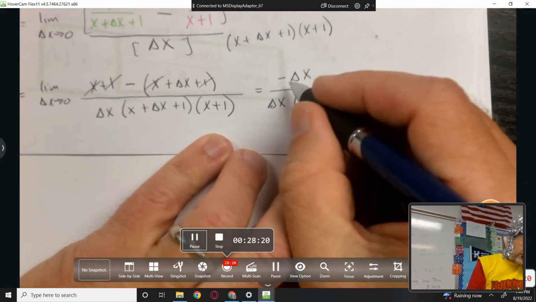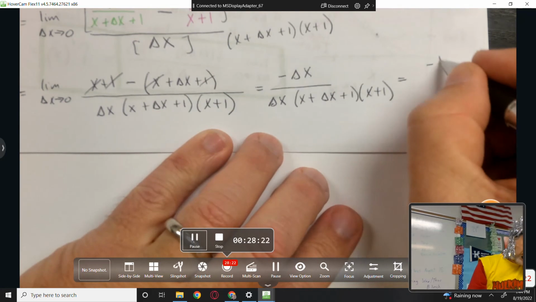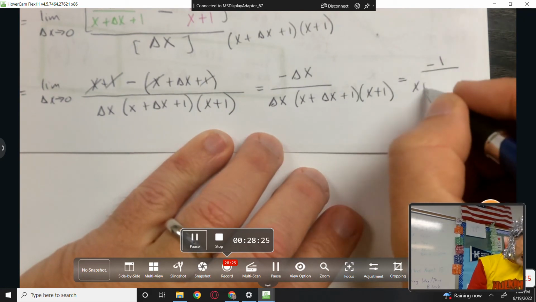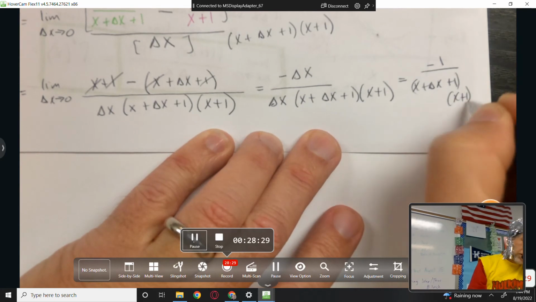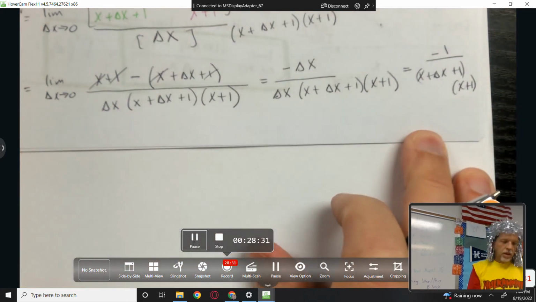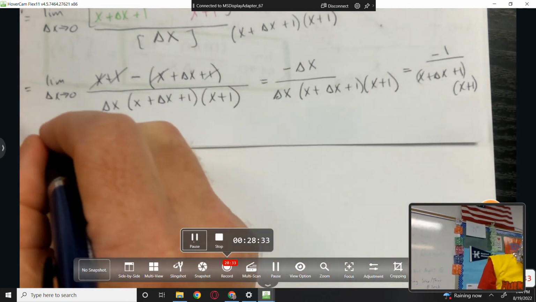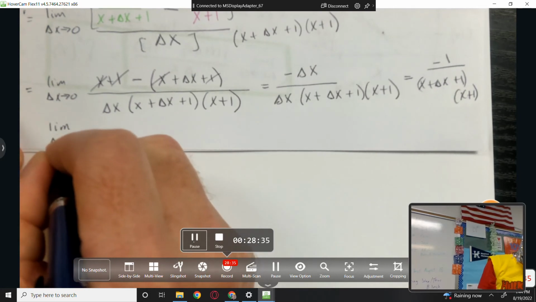Let's see, the delta x's will cancel. So I've got negative 1 over x plus delta x plus 1 times x plus 1. I think we're finally ready to do another attempt at substitution.